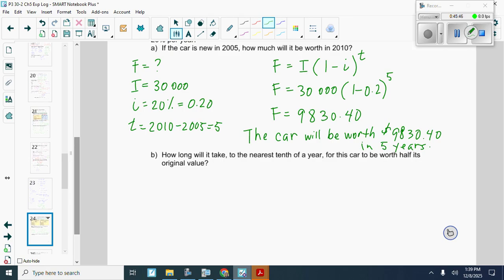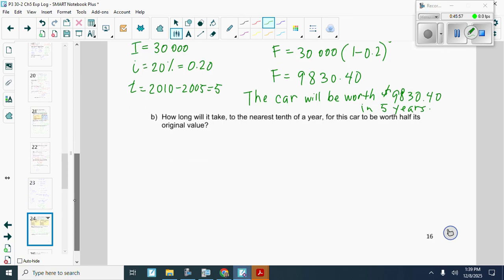How long will it take, to the nearest tenth of a year, for this car to be worth half of its original value? So it wants to know, if the initial amount is 30,000, when did it pass half of its value, so 15,000. The interest rate is still depreciating at 20%.